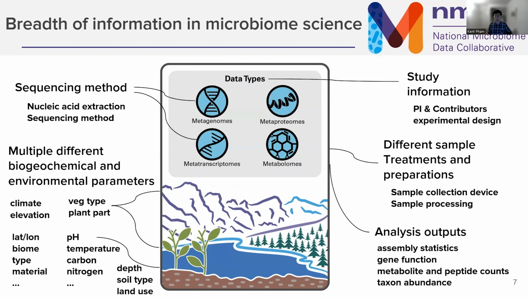So I know you guys have been working with a streams dataset, and within a streams dataset, you're probably going to want to capture metadata related to the stream itself or the water. So things such as the local climate, the pH of the water, any nutrients like carbon, nitrogen, maybe the depth, are extremely important to understanding the microbiome datasets within the stream dataset itself.